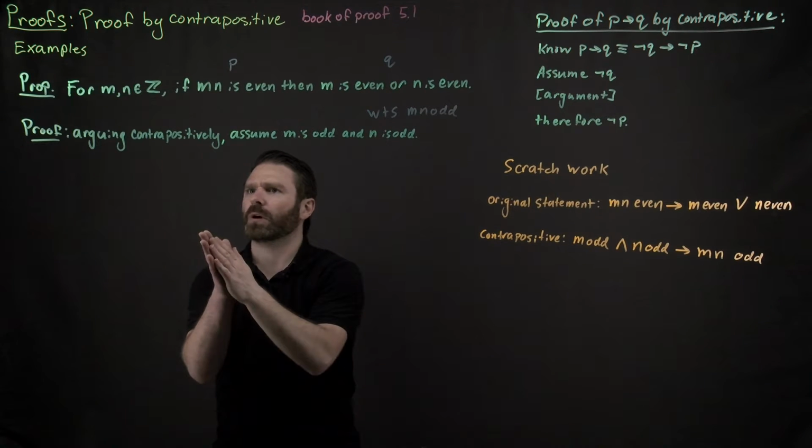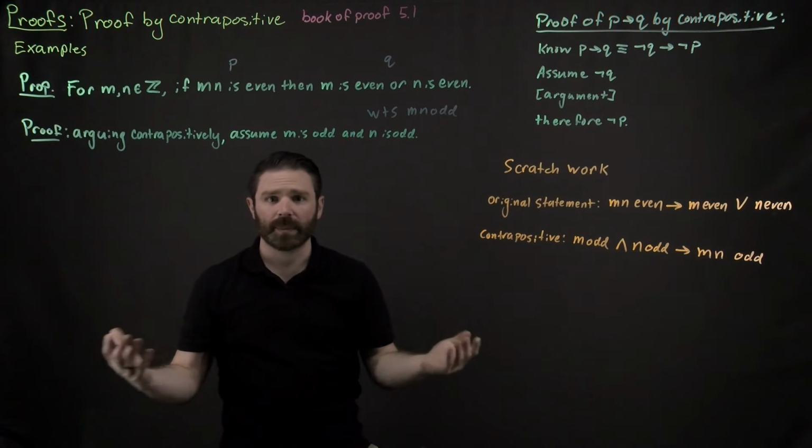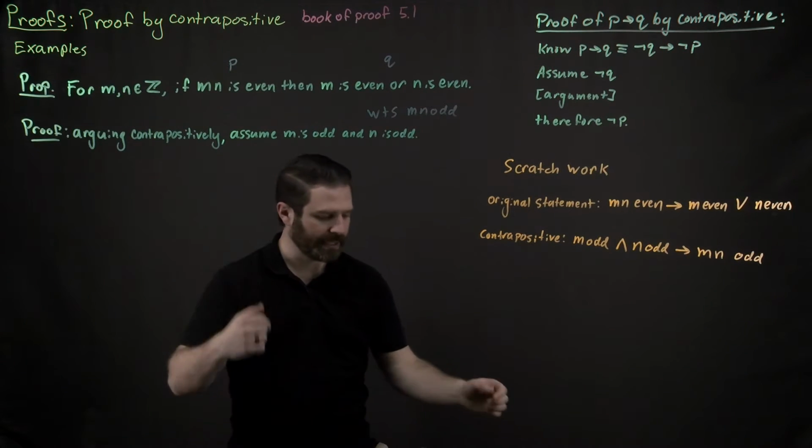So let's see here, what do we have to work with? I assumed that m is odd and n is odd. So let's go back to the definition and write down what it means for these things to be odd.